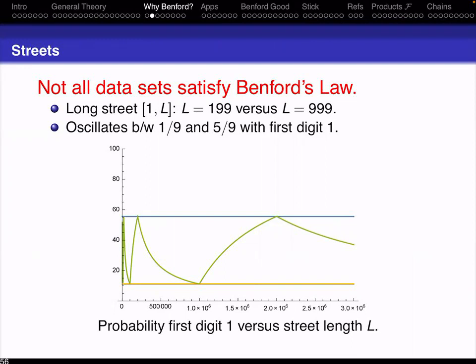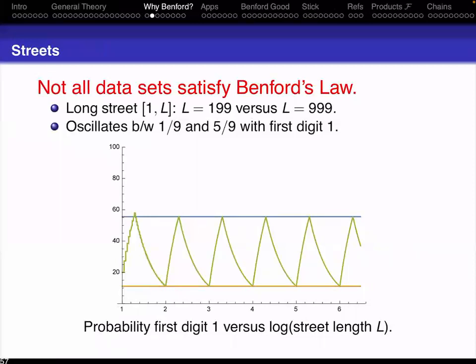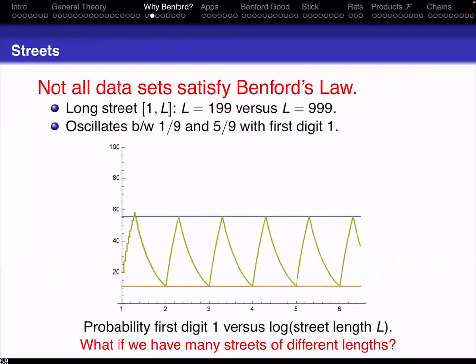Instead of plotting it like this, though, what might make the plot a little bit better to look at? What could we do? Yeah, take logs. Always take logs. And so if we take logs, you can see, as you expect, a much nicer pattern. So imagine we have a lot of streets of different lengths, and we amalgamate.